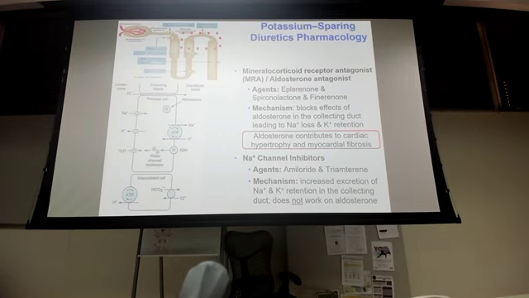If you're blocking the receptor that's aldosterone-mediated, then you're going to prevent sodium reabsorption, potassium and hydrogen ion secretion, kind of like same things the ACEs and ARBs do when they shut down the RAS system and decrease aldosterone. So with the aldosterone antagonist, sodium loss, but maintaining potassium.